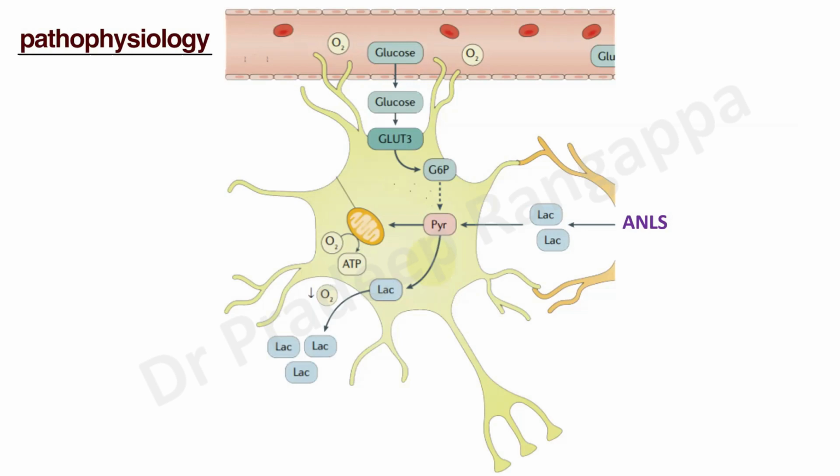Simplistically, you can remember there is more lactate production at the neuronal level due to hypoxemia or due to impaired transport of glucose, and there is a lot of shuttling of lactate from the astrocytes to the healthy neurons. So the astrocyte is also one of the cells that get affected, which leads to increased lactate production and pushes this lactate into the healthy neurons, which leads to delirium.